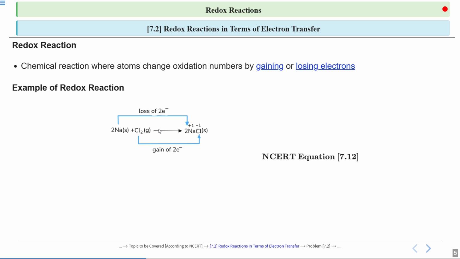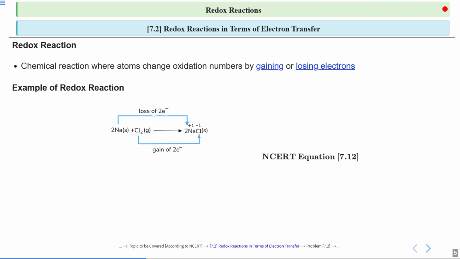And if you also look at this reaction, you will find that there are two electrons. How these two electrons? These two electrons are there when we have balanced this chemical reaction by writing 2Na plus Cl2 gives 2NaCl. So here there is loss of two electrons, and then there is gain of two electrons which are being gained by chlorine.